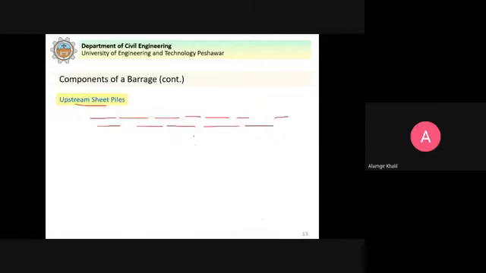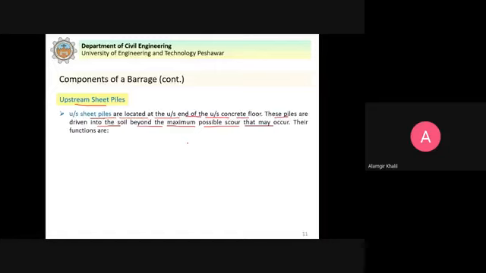So you can see that these are protection works. Their functions are to protect the barrage structure from scour, and to reduce the uplift pressure in the barrage flow.